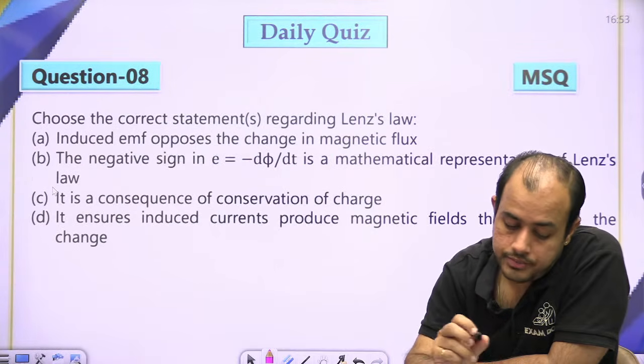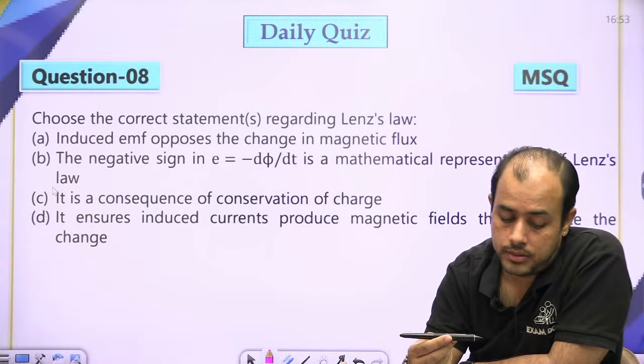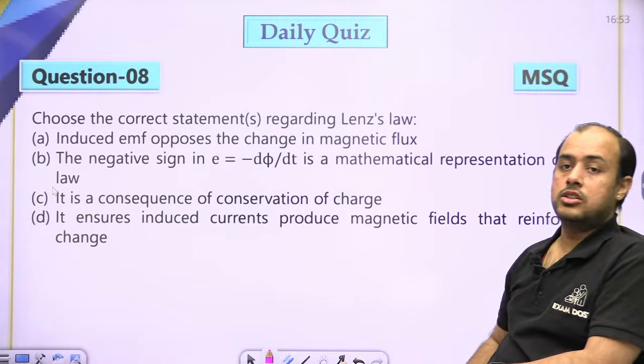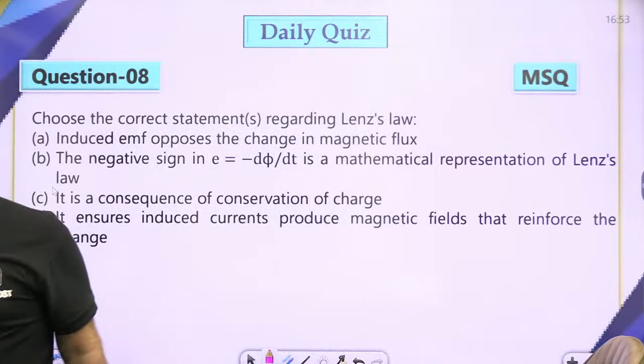0.5 volt. Choose the correct statement regarding Lenz law. Which statements about Lenz law are correct? This is an MSQ, beta.